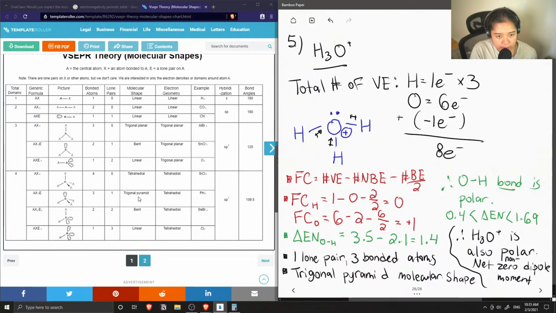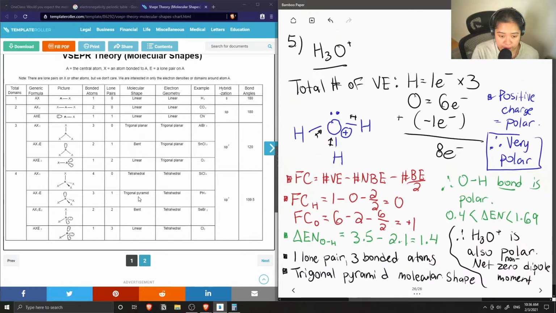And even the fact that we have a charge makes it polar as well. So I'll add that up here. Positive charge also tells us we have a polar molecule. So therefore, the answer is that we have a very polar hydronium ion.